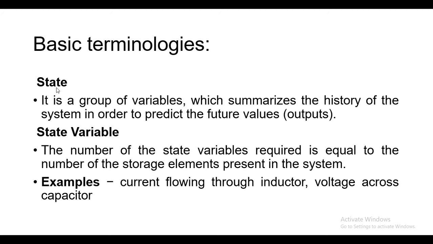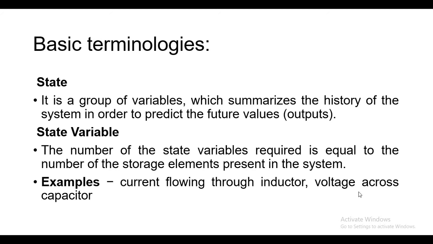State is a group of state variables, and one example of a state variable can be a storage element like a capacitor or inductor. For example, the current flowing through the inductor can be one state variable, and the voltage across the capacitor can be one state variable. The current flowing through the inductor is nothing but the energy stored by the inductor in the form of its electromagnetic field.